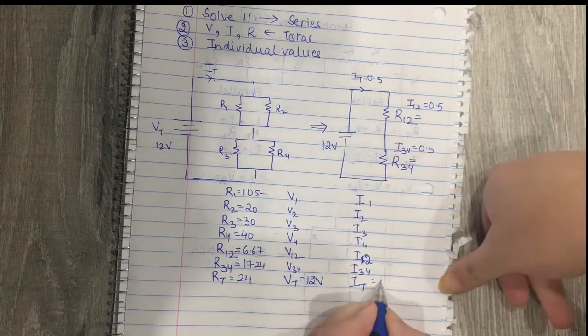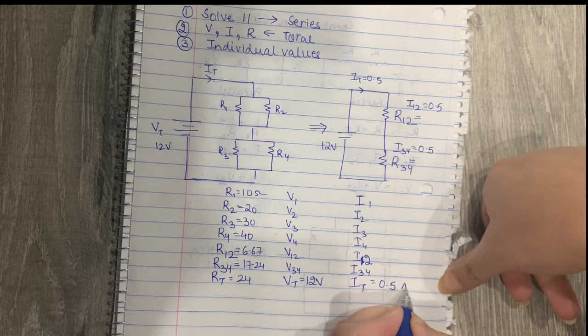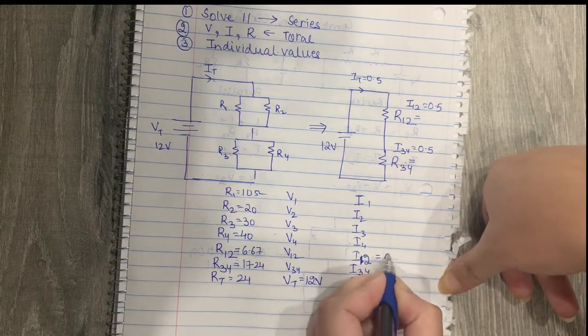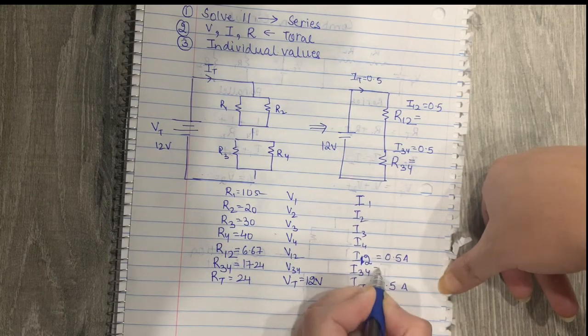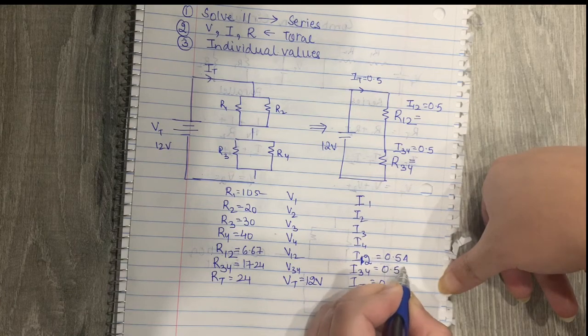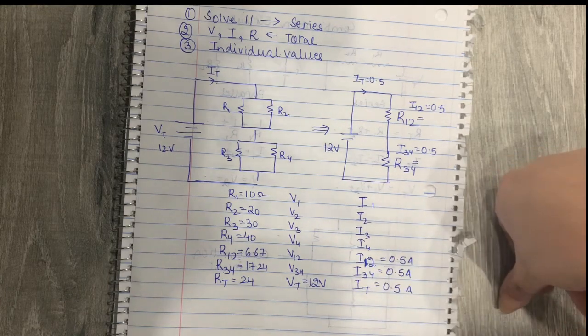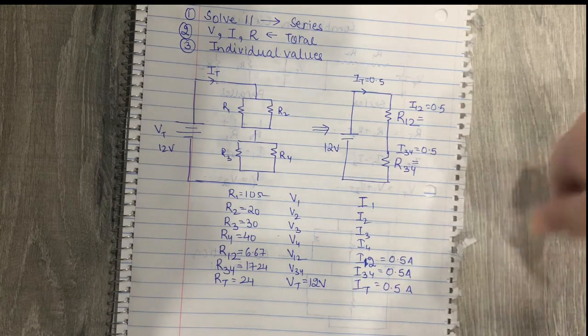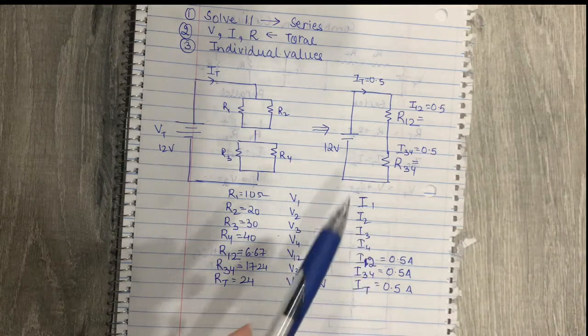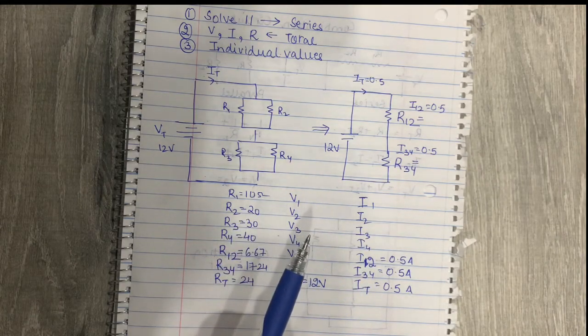So we simply can write all the missing values here in amperes, of course. So these values come out to be 0.5 amperes.